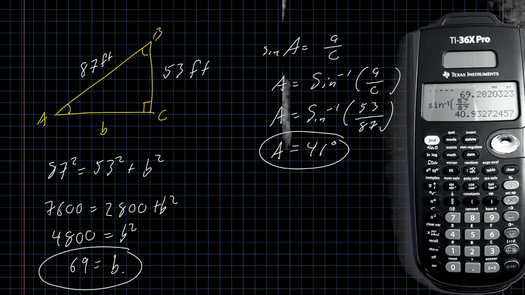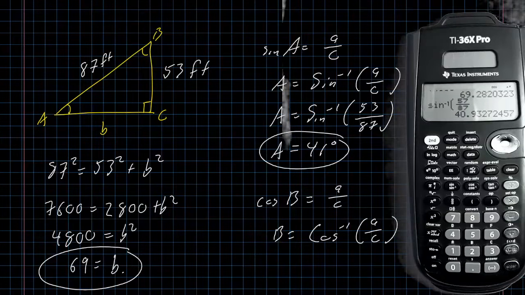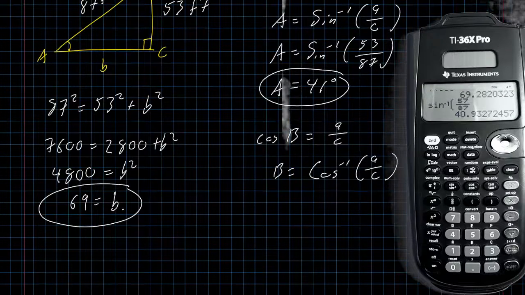And then I can look at angle B. Well, compared to angle B, I have the adjacent side and the hypotenuse. So cosine of B is a over c, which means that B itself is the inverse cosine of a over c. I can punch that into my calculator using the same process.